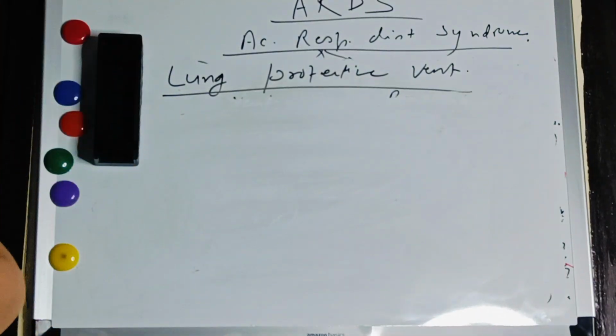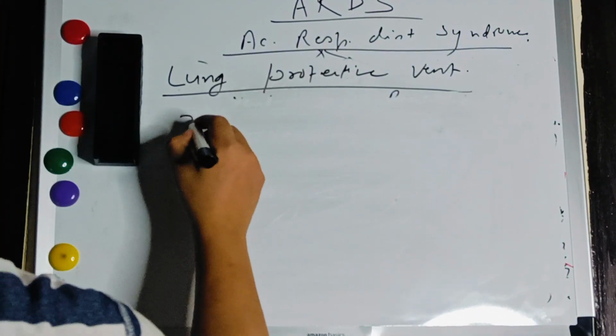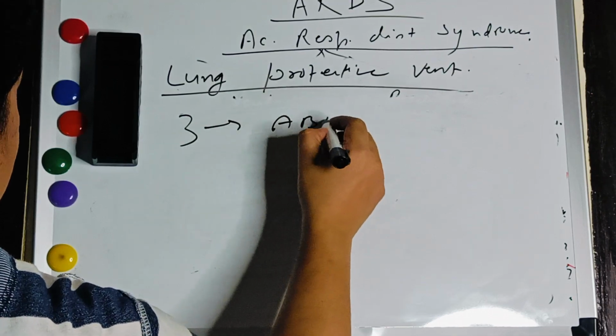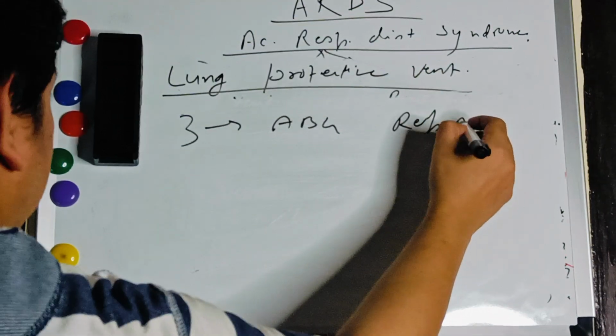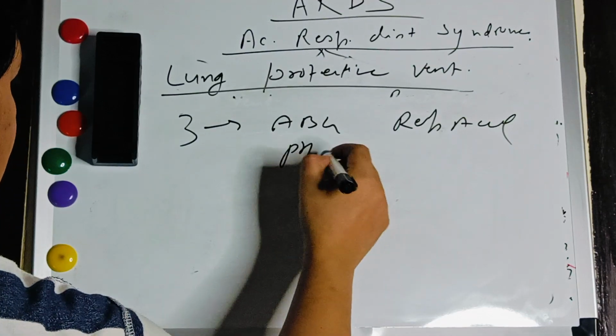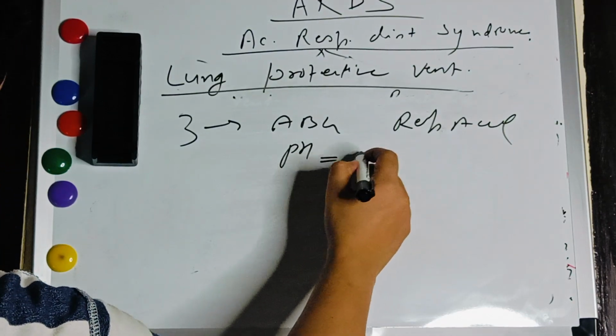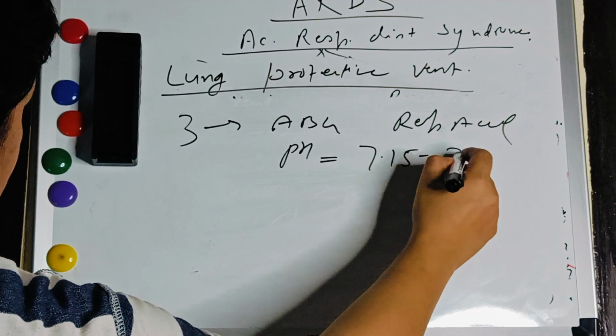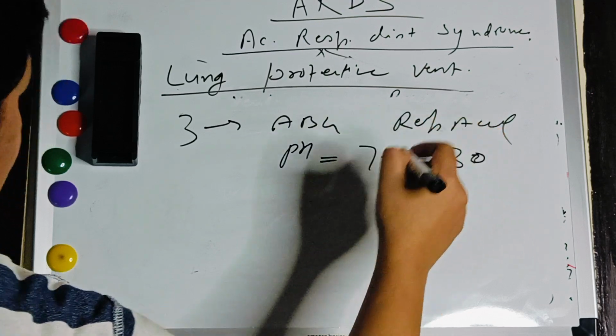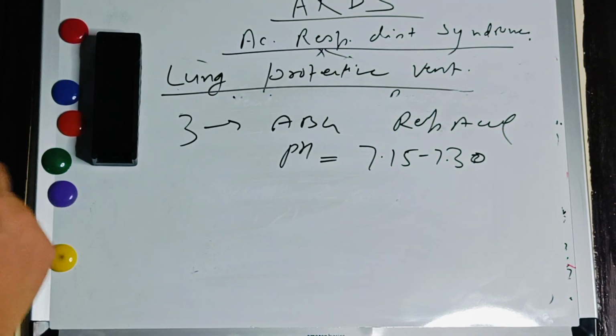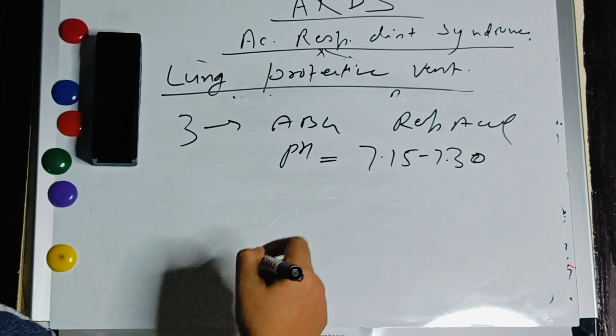Now in the third step, we have to monitor the ABG for respiratory acidosis, the pH. If pH is between 7.15 and 7.30, then we have to do something to decrease this respiratory acidosis.